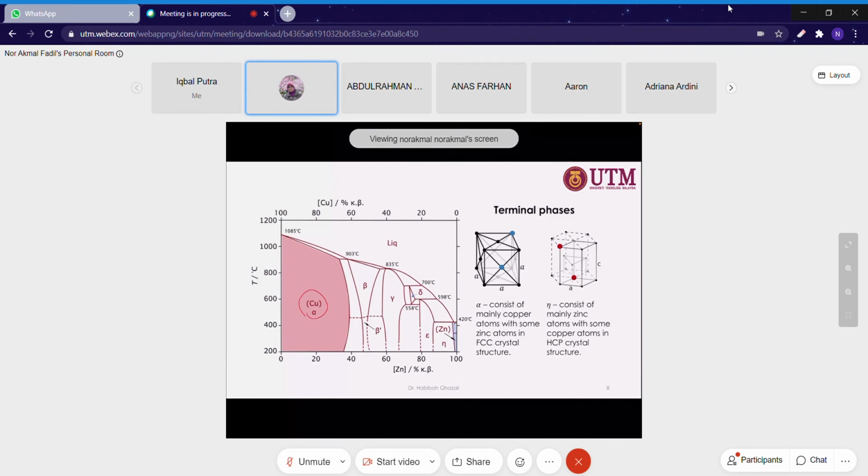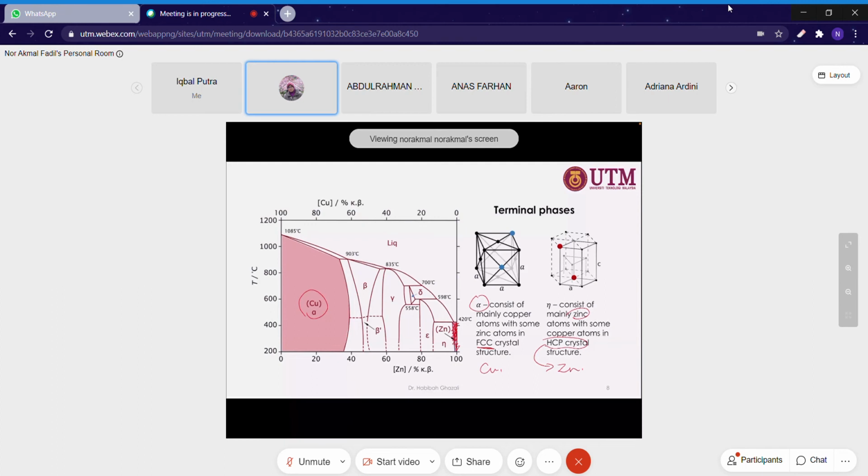This terminal phase is mainly zinc with some copper atoms, and it maintains the zinc crystal structure, which is HCP. The alpha FCC originates from the copper. This one is the crystal structure for the zinc, because the majority of this phase contains zinc.